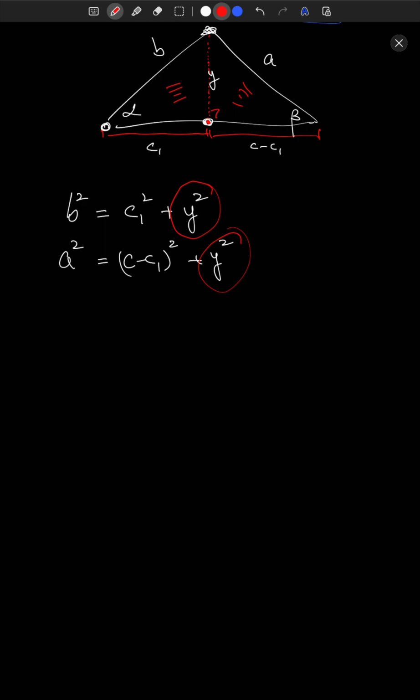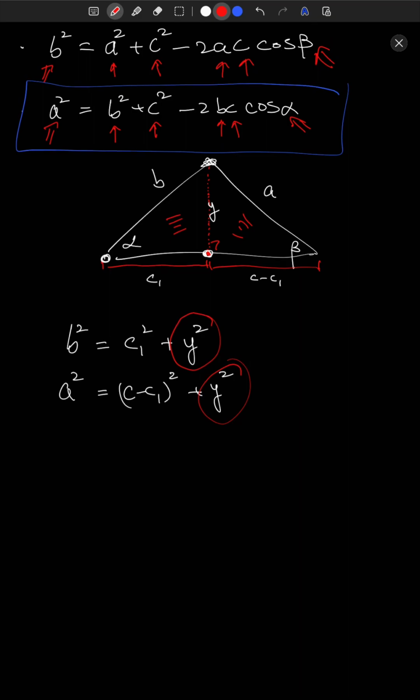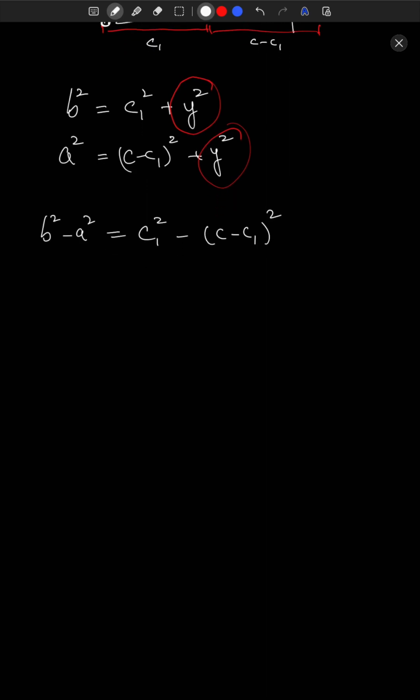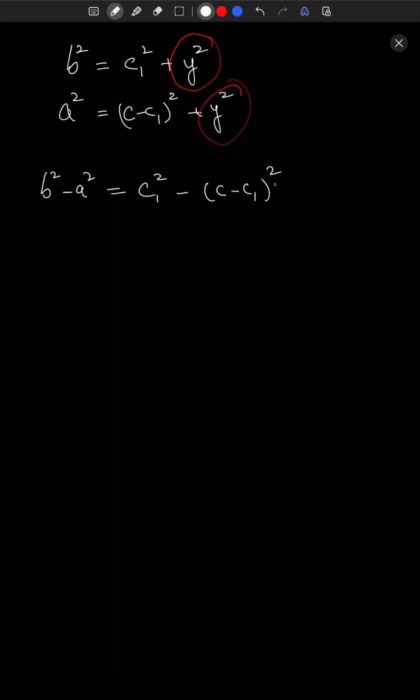So I would like to get rid of the y's, especially since my law of cosines has no y's in it. If I subtract these two equations, that gets rid of the y's. So b squared minus a squared is equal to c1 squared minus (c minus c1) squared, and the y's cancel.